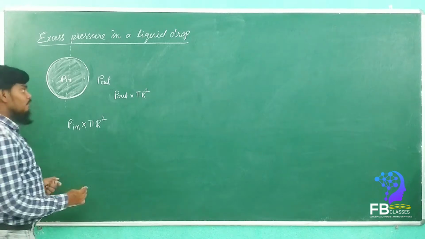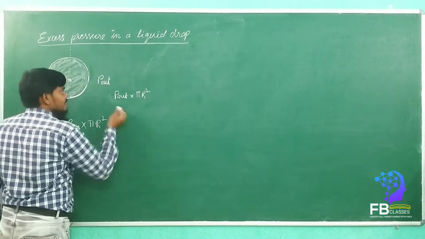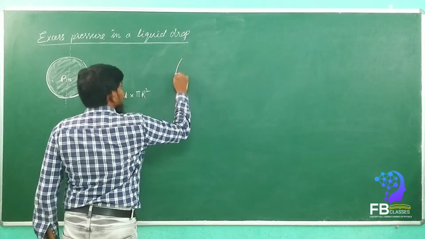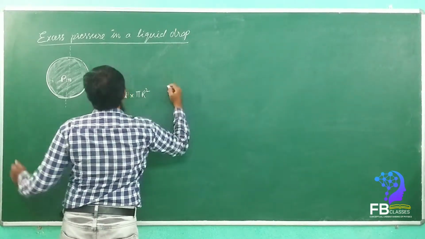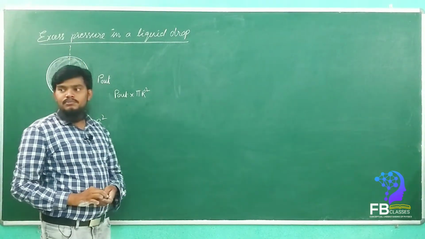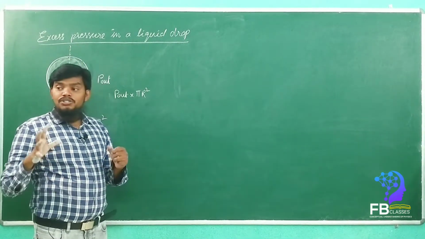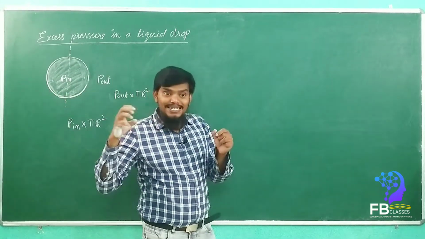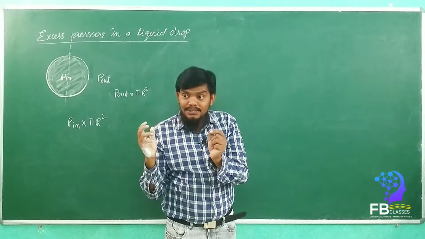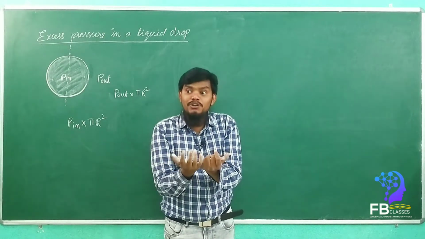No, another force is also there. See here, if you cut this total drop, the forces which act here are one, an outside force, another, an inside force, but the surface force will also be there, right?